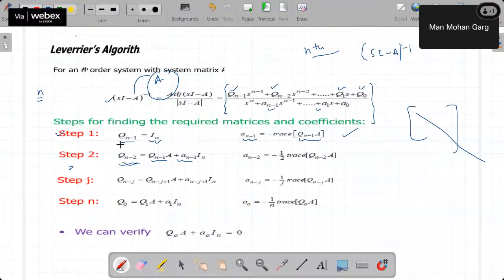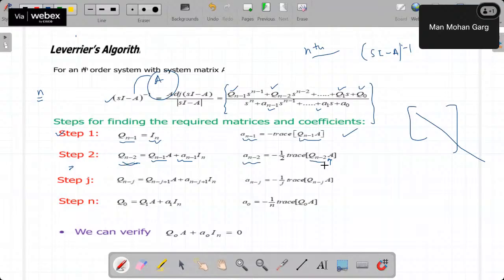Once we get Qn minus 2, we go for the An minus 2 coefficient, which is nothing but minus 1 by 2 trace of Qn minus 2 into A. A is already known, and Qn minus 2 we have just obtained.